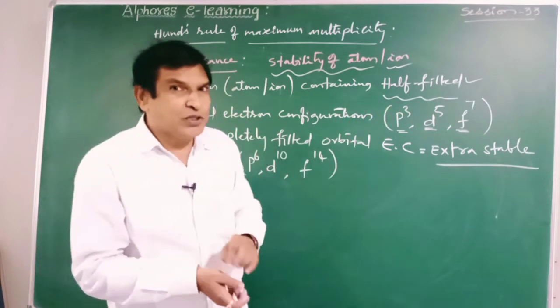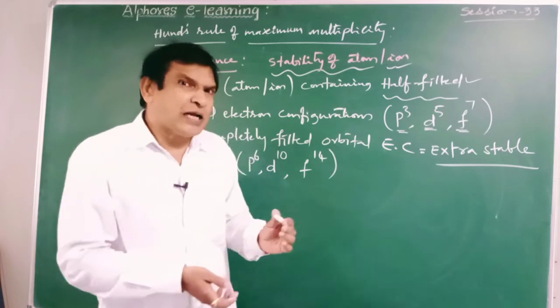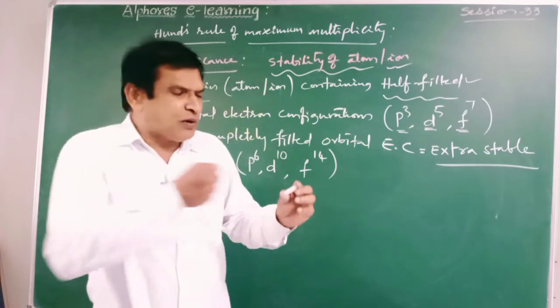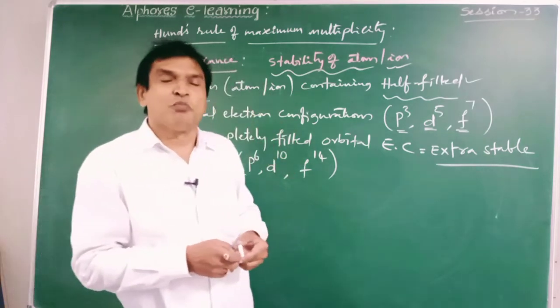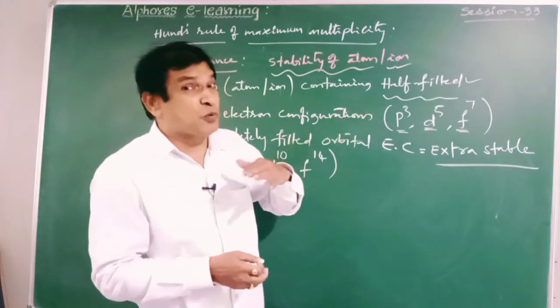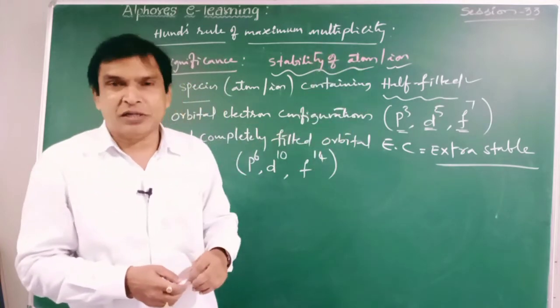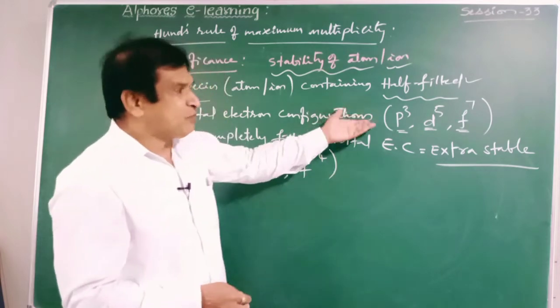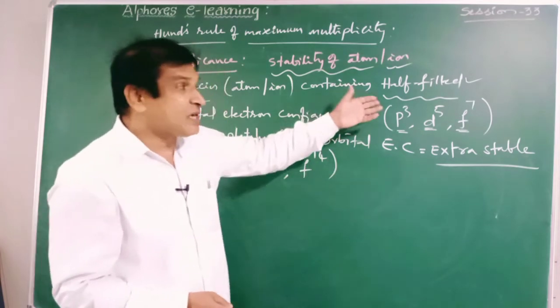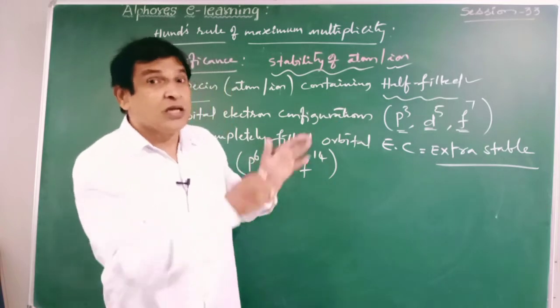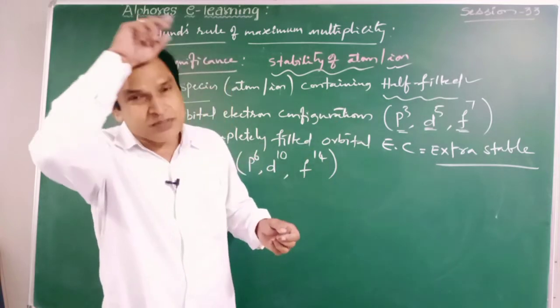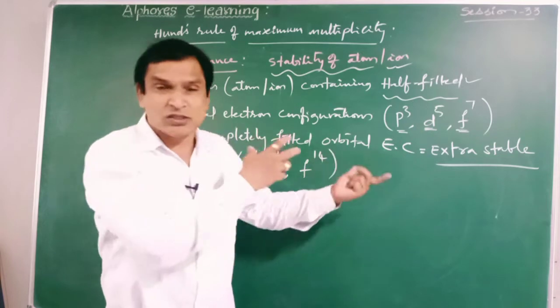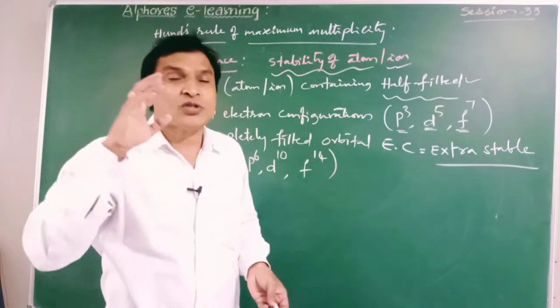When it is least reactive, removing an electron from this species requires more energy. Therefore, that species possesses higher ionization energy. So the species containing stable configurations are extra stable because of their extra stability nature.